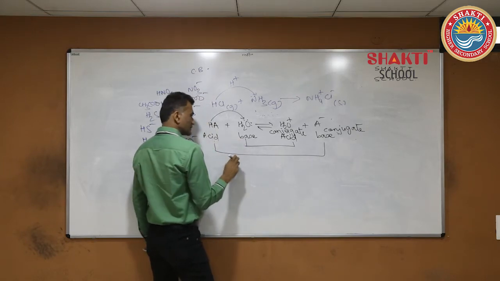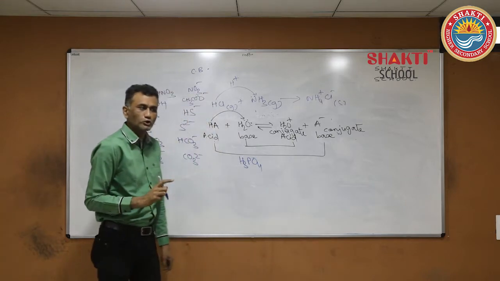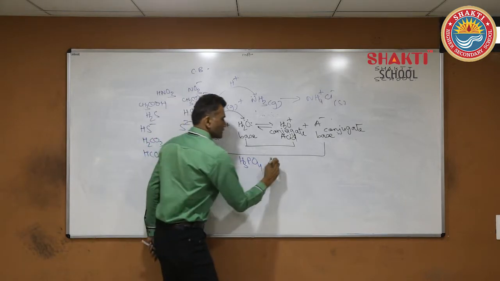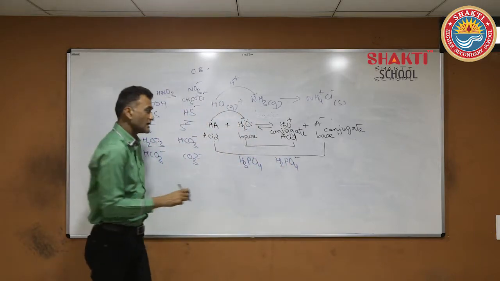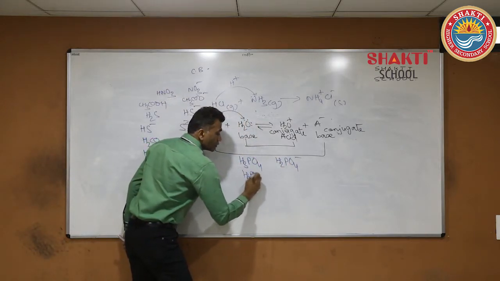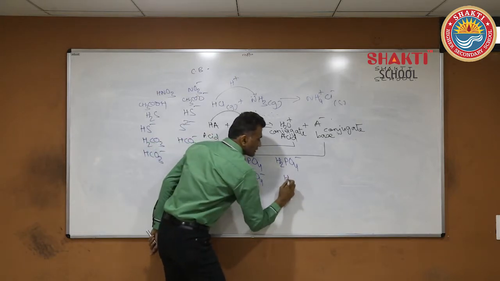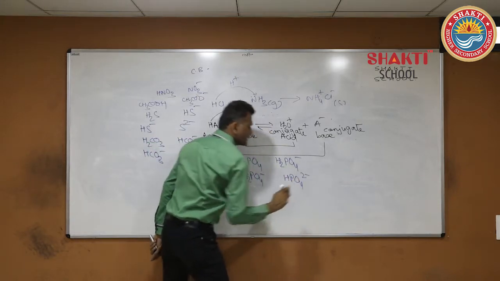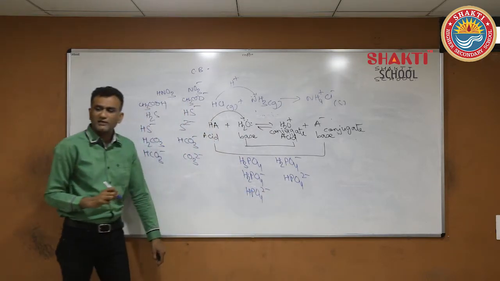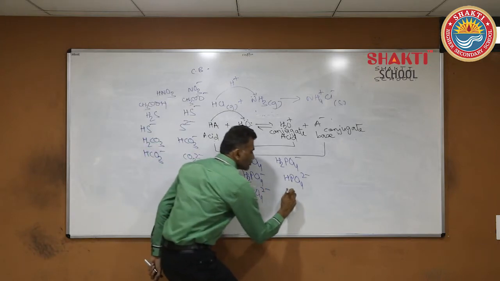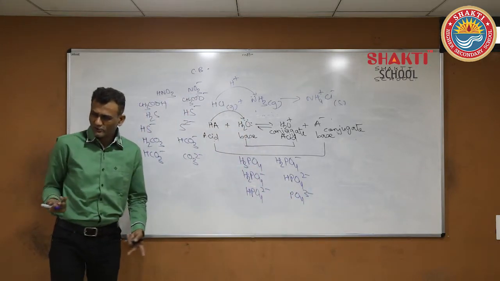Let's take H3PO4. Its conjugate base is H2PO4 minus. The conjugate base of H2PO4 minus is HPO4 2 minus, and the conjugate base of HPO4 2 minus is PO4 3 minus. So chemistry is very easy, right?